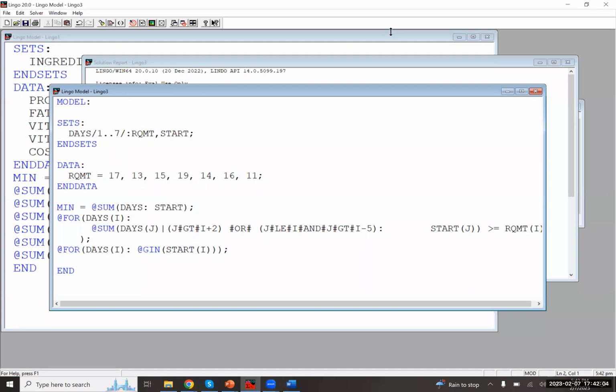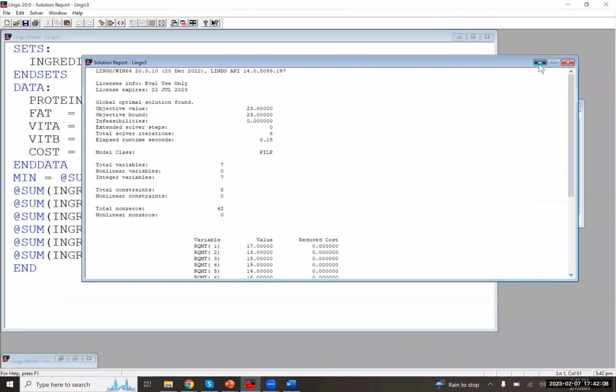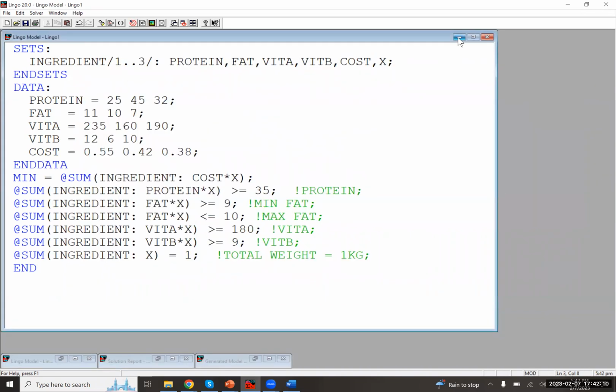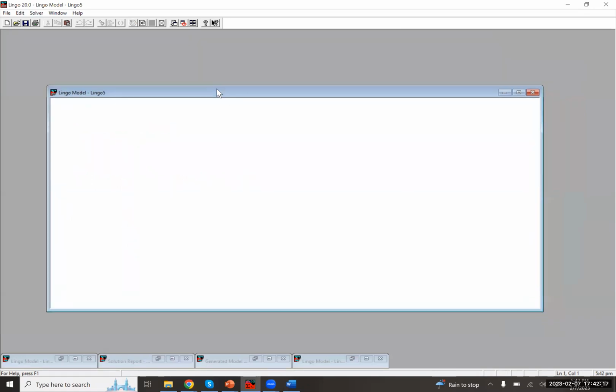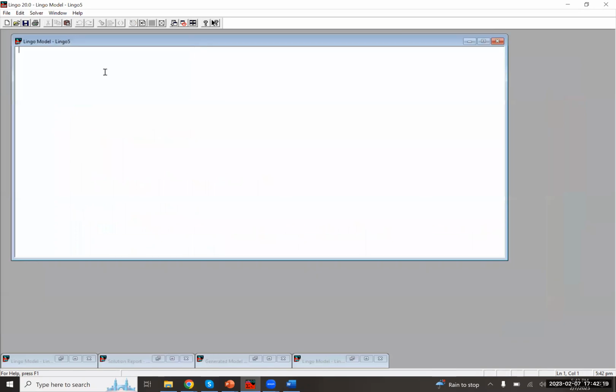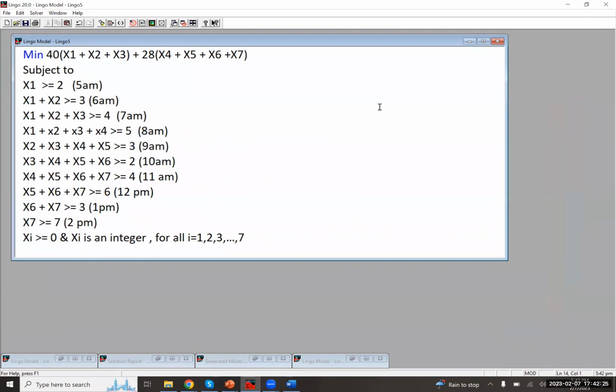I think these are from the last class, so let me reopen. Okay, we have Lingo. So let's work on the Lingo model first. Let me zoom in a little bit.